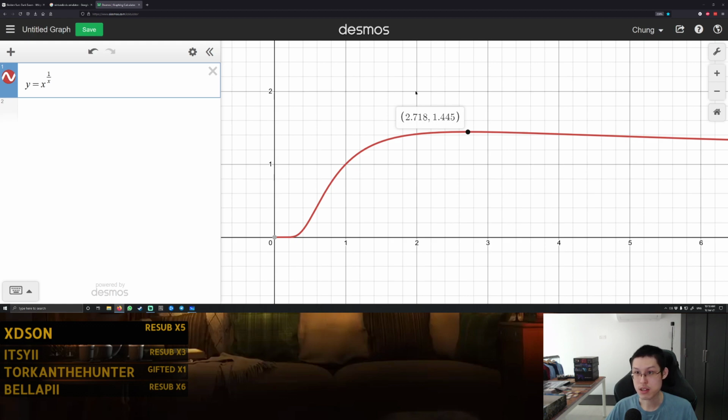As you know, that is the value of Euler's number, the constant e. So as long as your value of x is greater than the value of e, it's going to have this form right here.